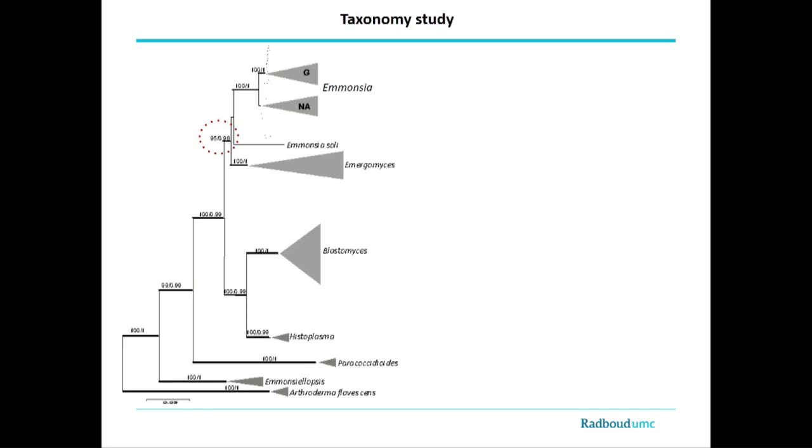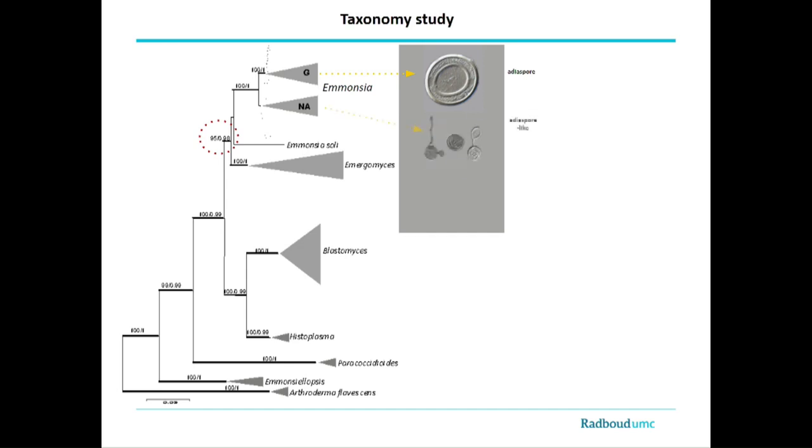And secondly, based on our morphological analysis, we can see Emmonsia crescens not only produces big adiaspores, but also could produce yeast-like cells. That's amazing. And the genus Emergomyces is now very famous, because they always cause human infection.